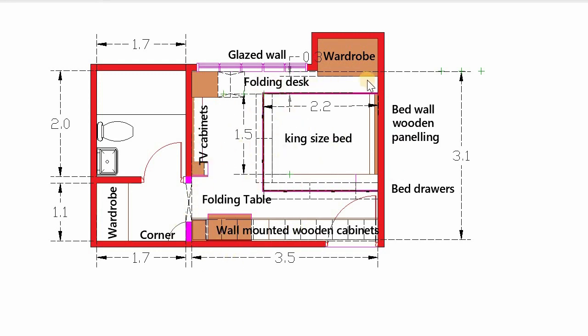If we place a bed on this wall, the design of the bedroom should look like this. For example, the front wall has to be for the TV cabinets, whereas this side wall can be used as the storage. Another option is the placement of the bed on this wall, but since there is a glass window, we cannot place the bed on this wall because it's not feasible in the design.